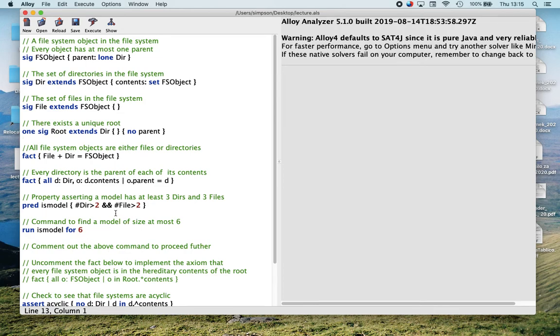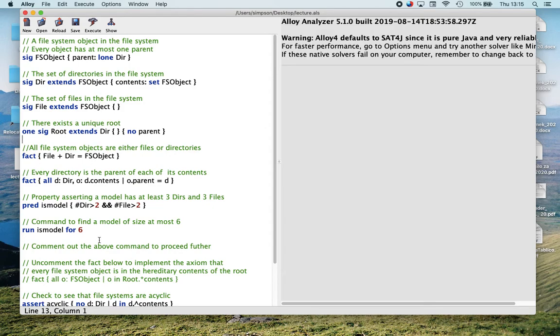But anyway, we can use Alloy to explore what the models of our current axiomatization look like, because perhaps we've also missed some axioms that we might need to properly axiomatize a file system. So now I'm going to use the run command to try and find a model of the axioms we've got so far.